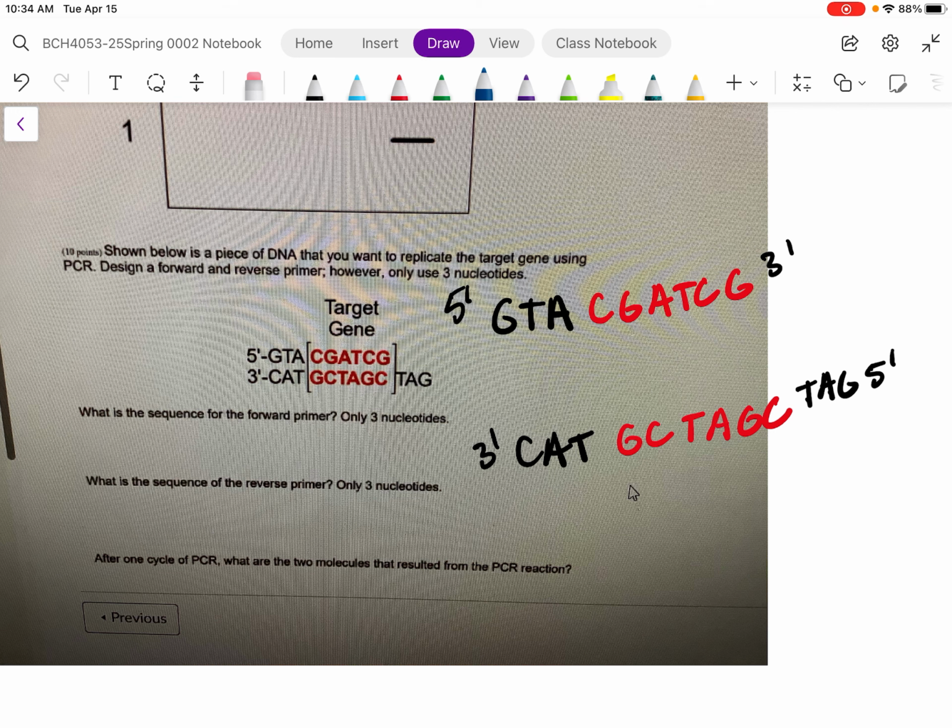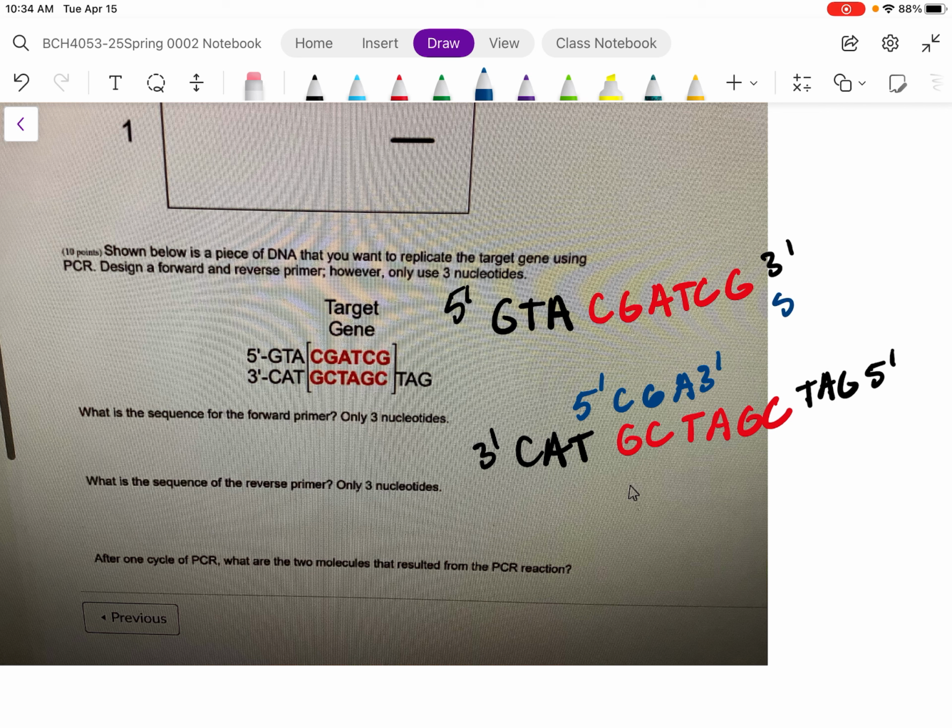So our forward primer, we would generate based off of the complementary of this strand right there. So what we would have is a CGATCG. So that's our primer. That's going to anneal in that spot right there. So that would be our forward primer.